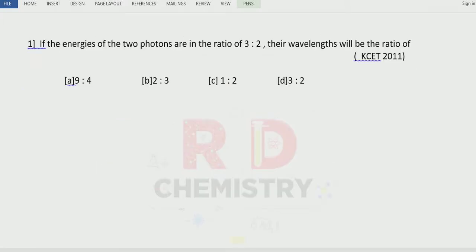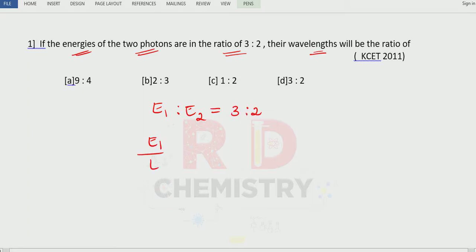Now we'll solve some problems. Question number 1. If the energies of two photons are in the ratio 3 is to 2, then their wavelengths are in the ratio? Let me take E1 is to E2 in the ratio 3 is to 2, or E1 divided by E2 is equal to 3 divided by 2. Now we have to get the relationship between energy and wavelength.